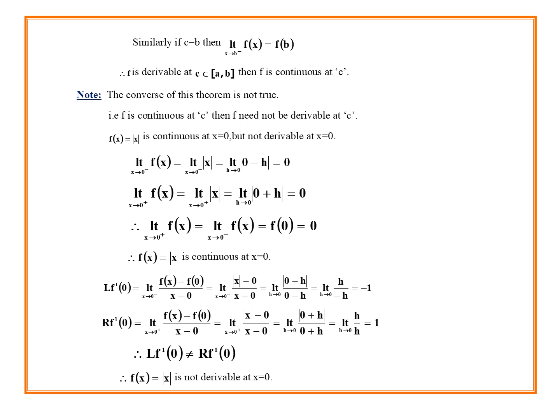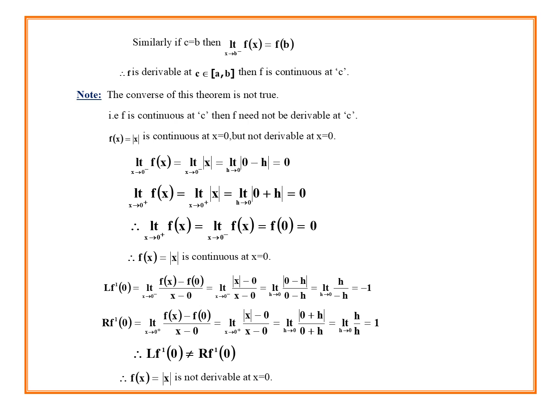We are getting 0. Therefore, limit x tends to 0 plus f of x is equal to limit x tends to 0 minus f of x, which is equal to f of 0. The f of 0, meaning mod 0, is nothing but 0. Therefore, f of x is equal to mod x is continuous at x is equal to 0.